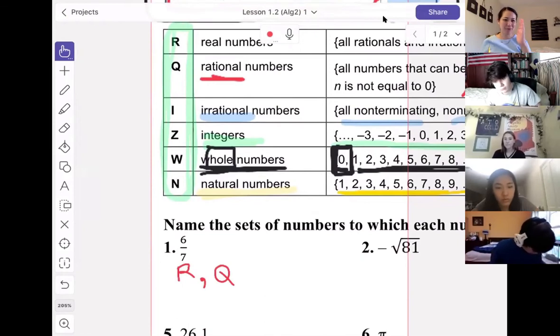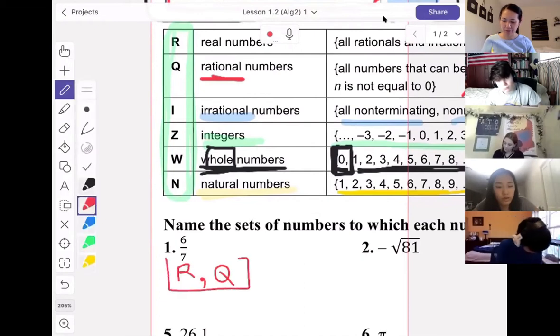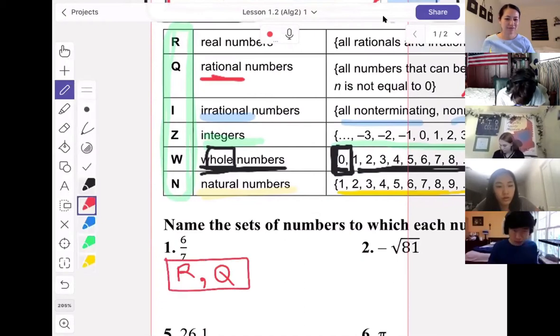I would not mark that in a tick, or I would not see it on a number line as one of the tick marks. So once you hit a no, that is your final answer. It won't be any of the others. Okay, any questions there?